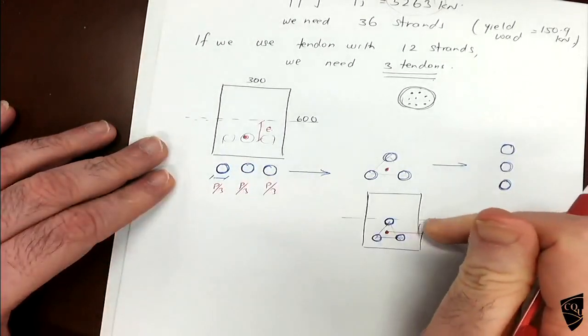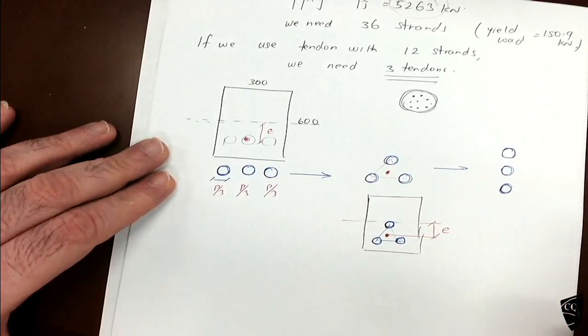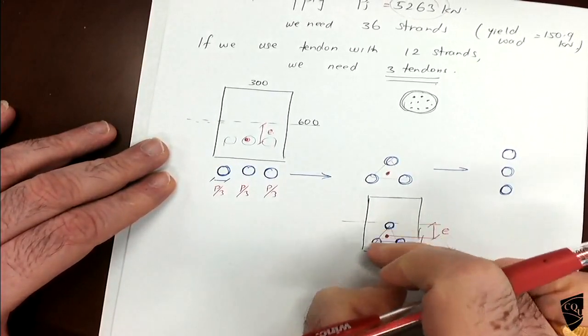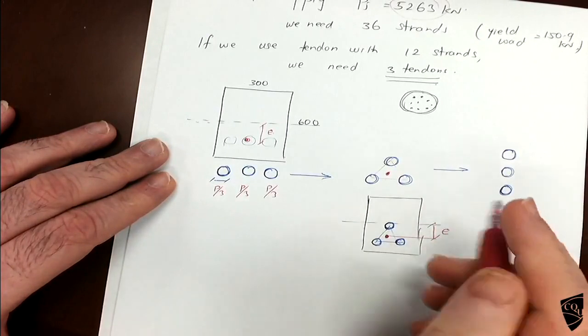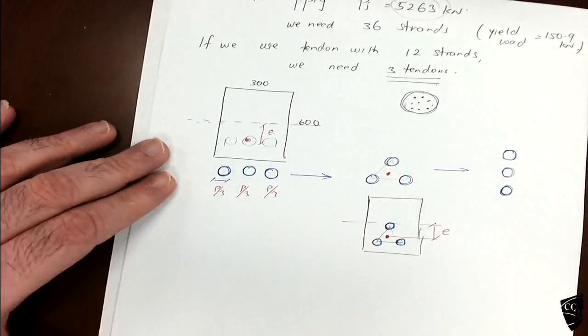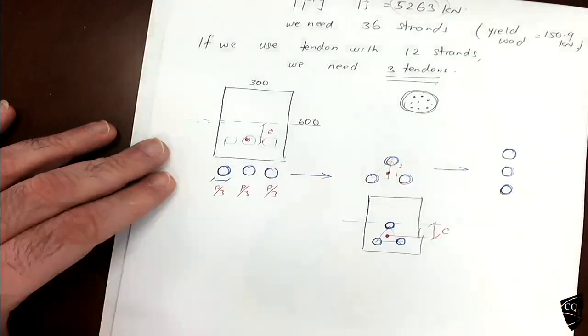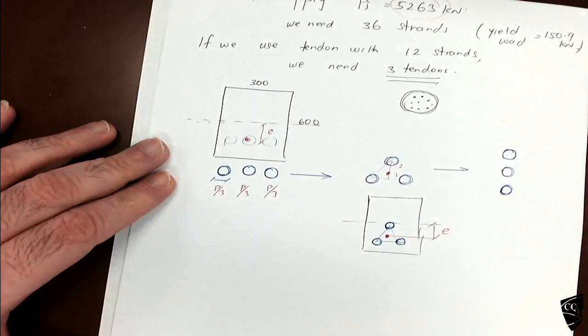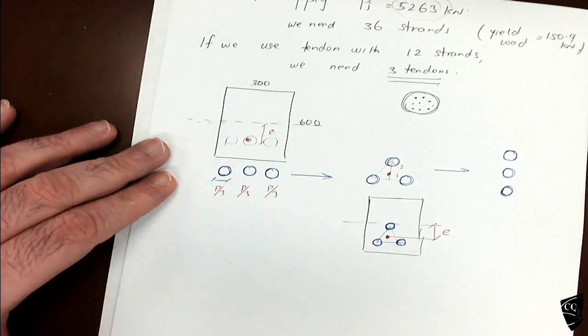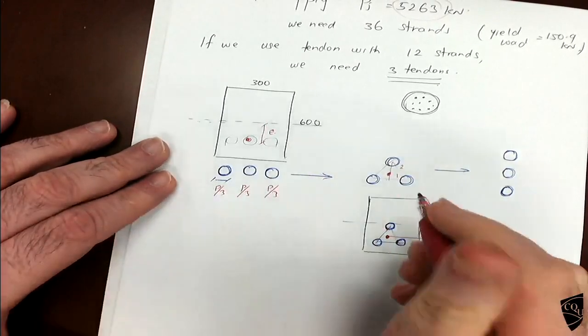From the Magnel diagram you know the eccentricity. So now you need to put the tendons so that the resultant comes here. If it is a rectangle, this is 2:1.